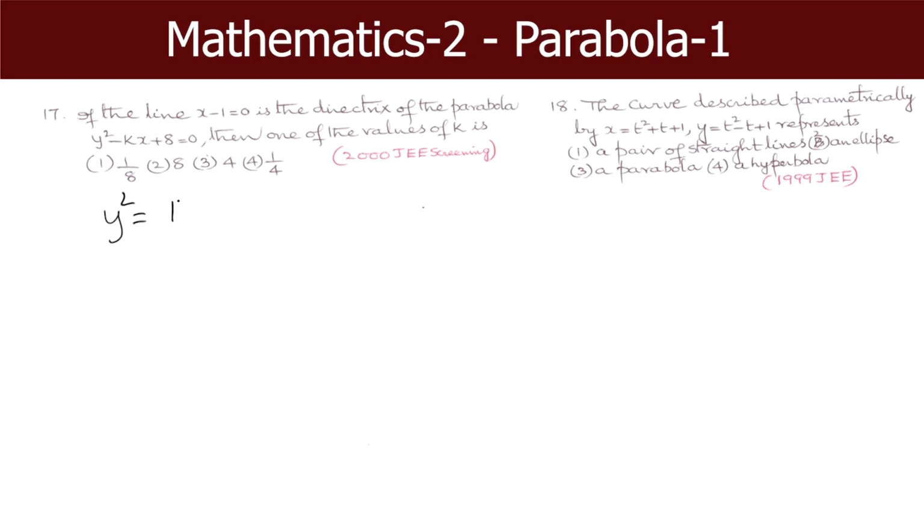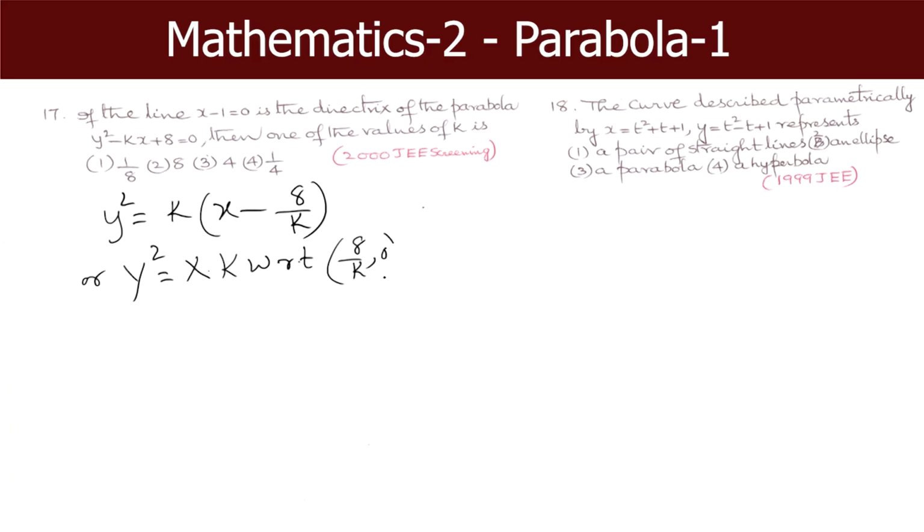Y square equal to k into x minus 8 by k, or y square equal to kx with respect to 8 by k, 0 as origin. So, what is the directrix of the parabola for this equation y square equal to kx?